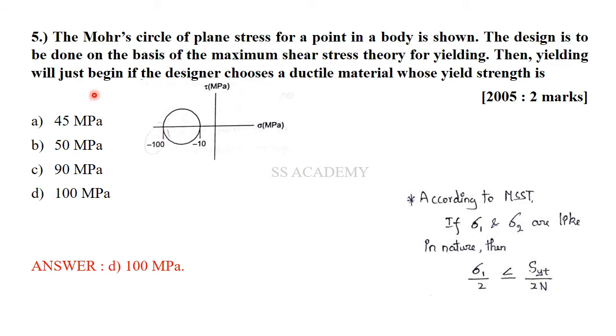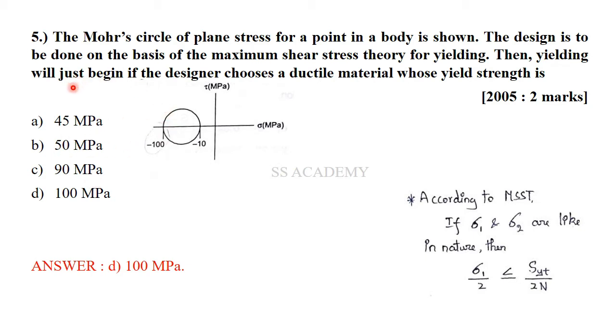They have asked for just the beginning of yielding. If we choose which material? If you choose a 90 megapascal yield strength material, yielding would have begun when the principal stress is minus 90 itself. So if it is 50, when it reaches 50 itself, there will be yielding.